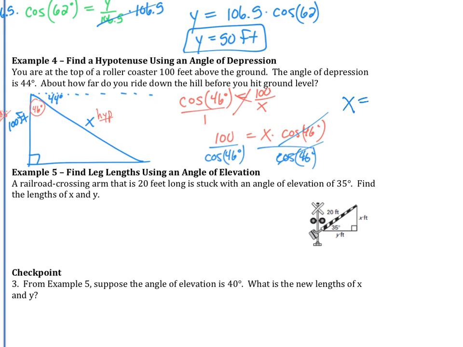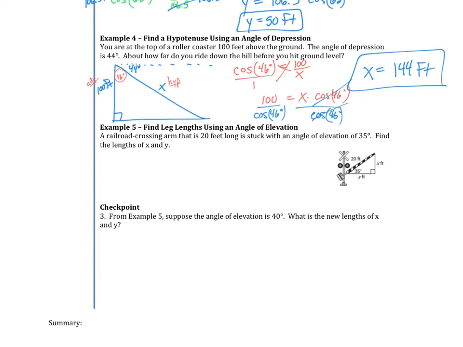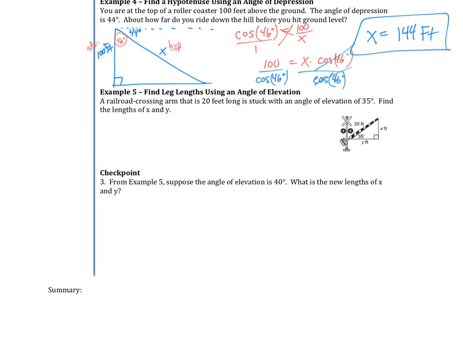And it looks like x is equal to about 144. 144 feet is what x will equal. Okay, so we were using cosine to find the distance.